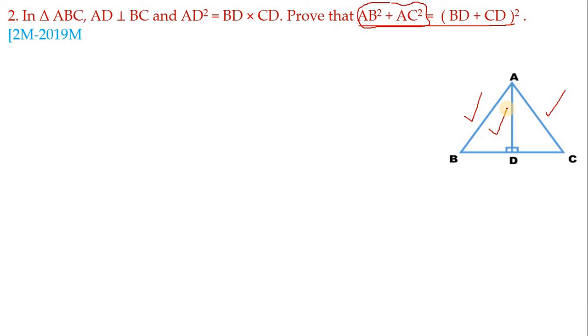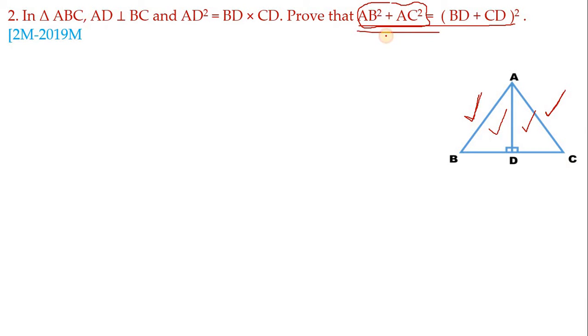And in ABD triangle, if you apply Pythagoras theorem concept, do you get AB square? Isn't it? And similarly for ADC triangle, if you apply Pythagoras theorem, we get AC square. Means AC square is equals to AD square plus CD square, will get it.